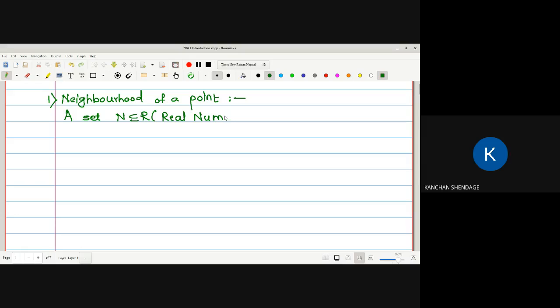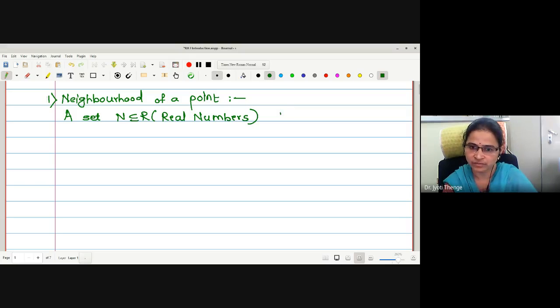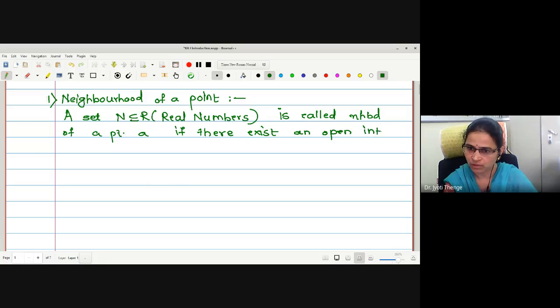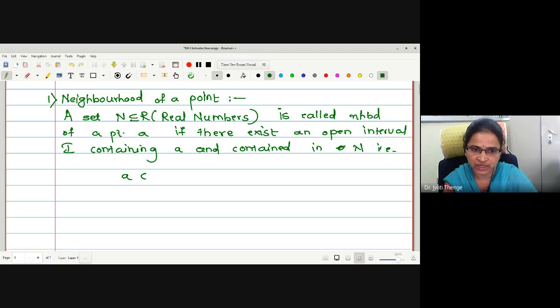A set N contained in R is called a neighborhood (NHB) of a point a if there exists an open interval I containing a and contained in N. That is, the point a is in the interval and the interval is contained in the set.